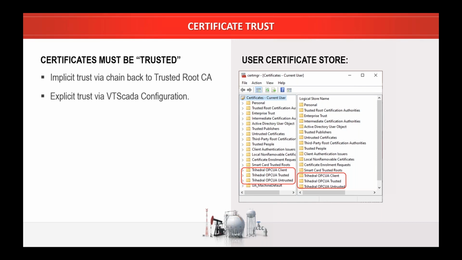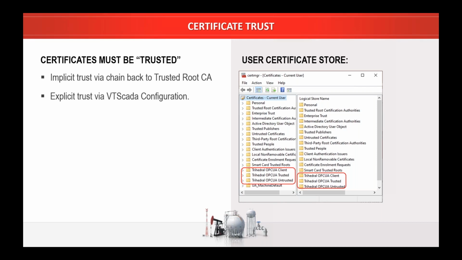It's actually in that level on the right-hand pane in the Trusted Root Certification Authorities node. And that root certificate there ensures any certificates issued by that CA, certificate authority, will be trusted implicitly by the system. And if you have an internal CA, such as Microsoft Certificate Services, again, that certificate will be trusted within your enterprise. And then the last option for locally issued certificates is you can do an explicit trust within VTScada.